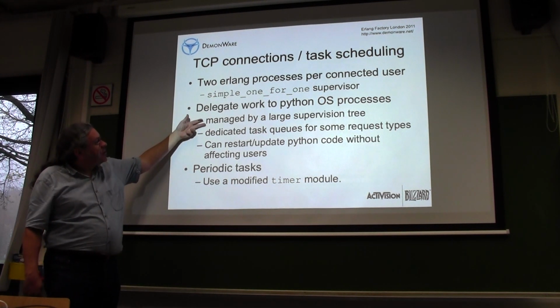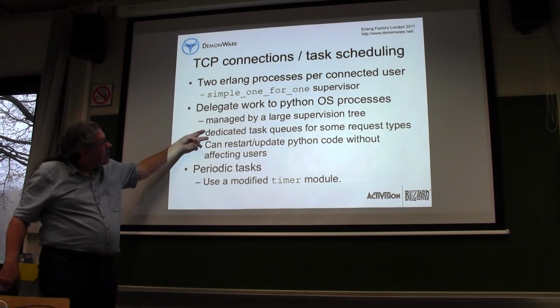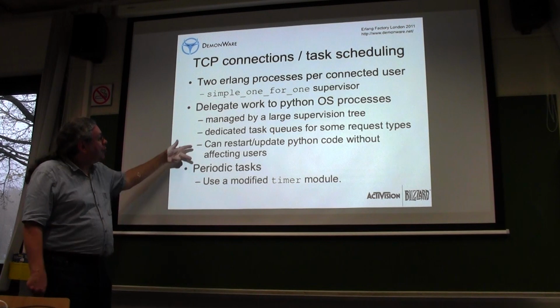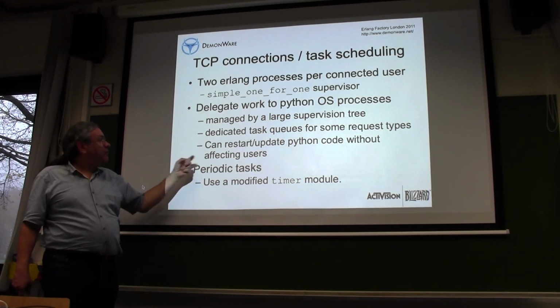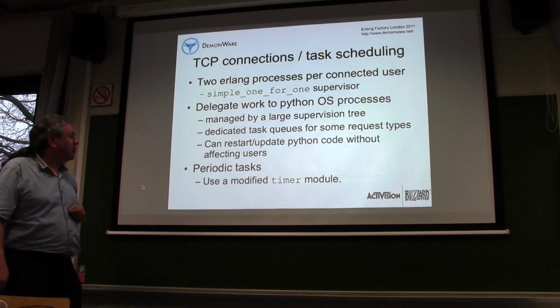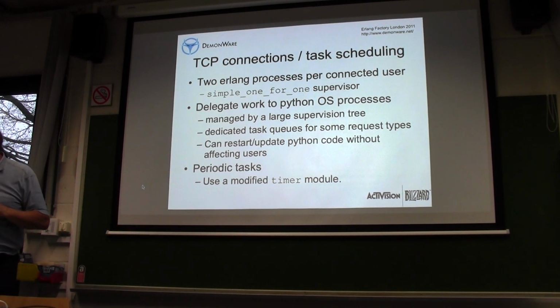And there's a large supervision tree here. They have dedicated task queues, so you have lots of things going on. And you can restart or update the Python code without affecting users. So this is pretty nice, and it's all controlled using Erlang. Okay. They also have periodic tasks using timer. So this is the kind of structure per user, how it's done.